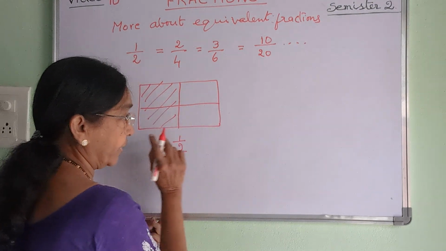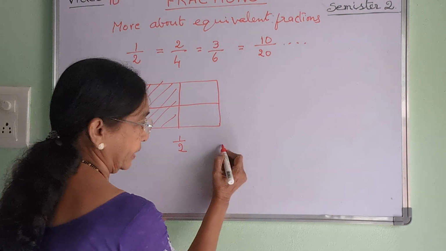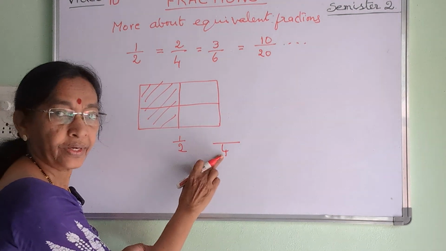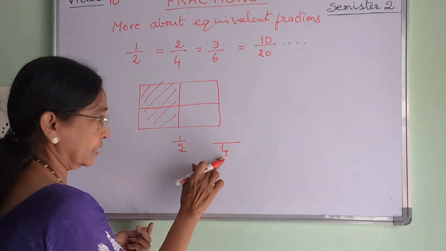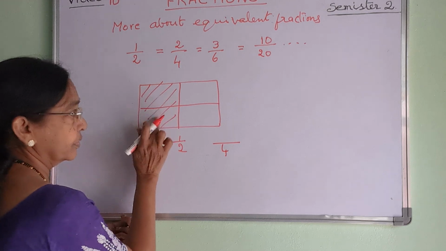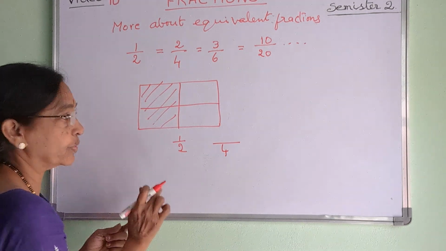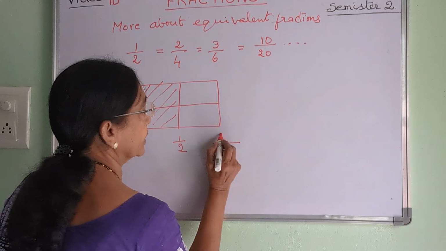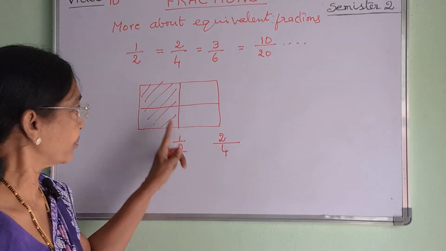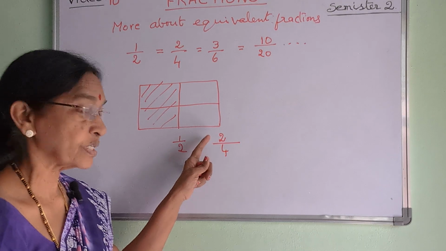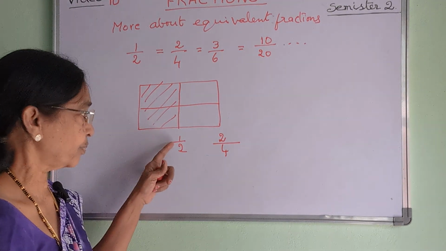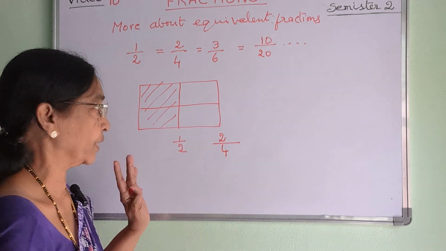Therefore, the fraction of the shaded portion can be written as: the total number of equal parts is written in the denominator, and the number of parts of the shaded portion is written as numerator. Therefore, the shaded portion represents 2 by 4 here. Previously the shaded portion was represented by 1 by 2.